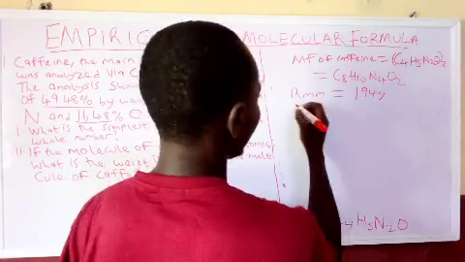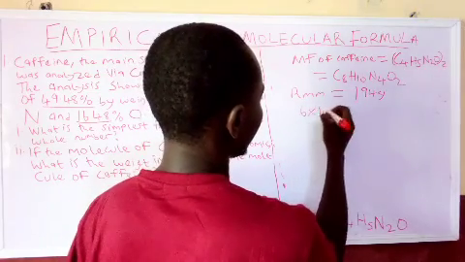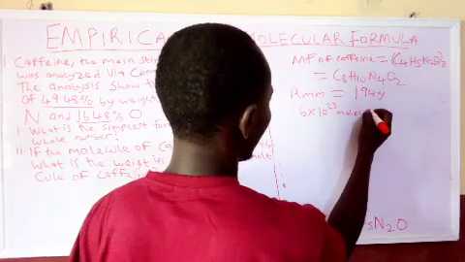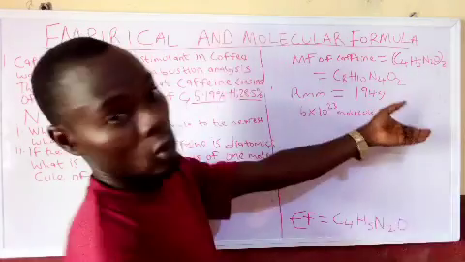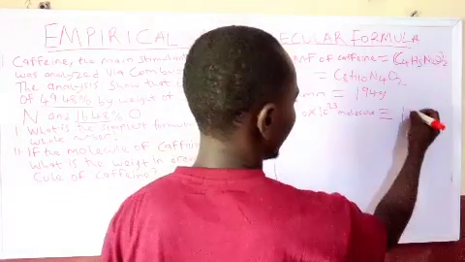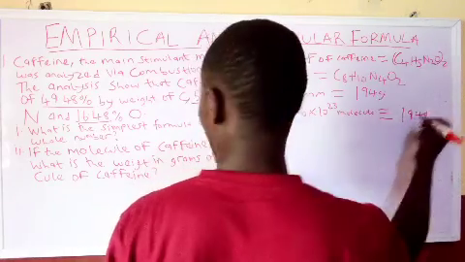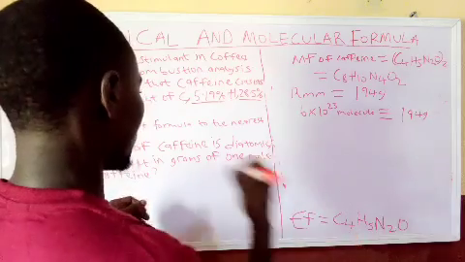Do it this way. 6 times 10 raised to power 23 molecules is equivalent to the relative molecular mass of caffeine, that's 194 grams. So what is the mass of one molecule?